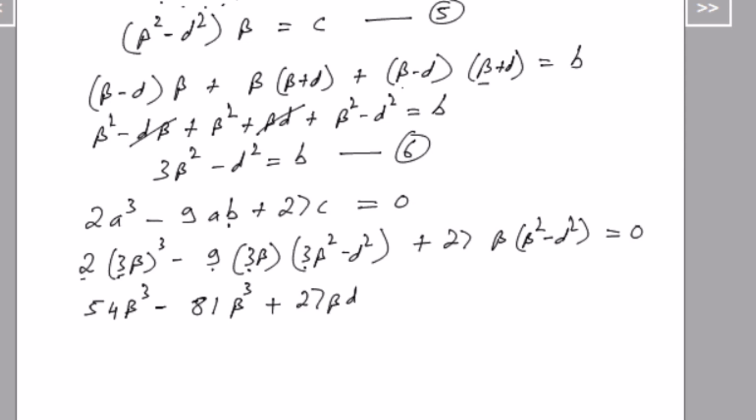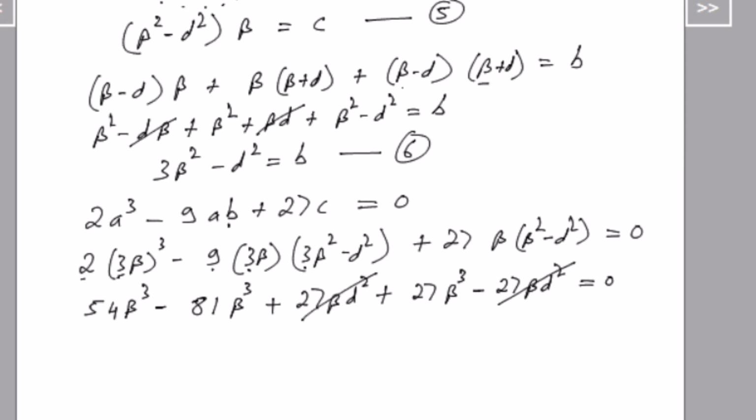Plus 27 beta cube minus 27 beta d square is equal to 0. So 27 beta d square and minus 27 beta d square cancel out.